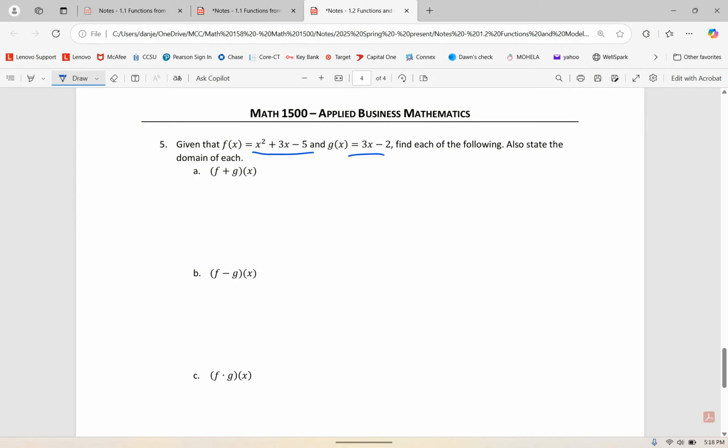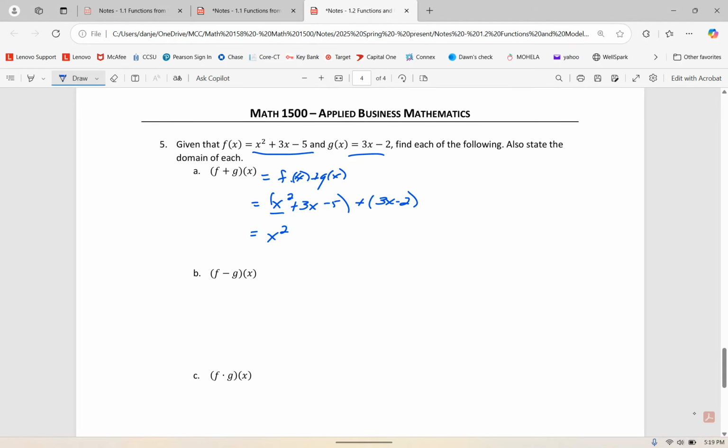If I want to find the function f plus g of x, which is the sum of two functions, I'm simply going to add f of x plus g of x: x squared plus 3x minus 5 plus 3x minus 2. And to add those two functions, all I need to do is combine like terms.